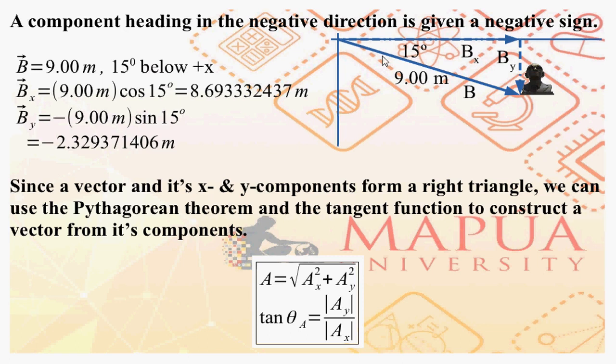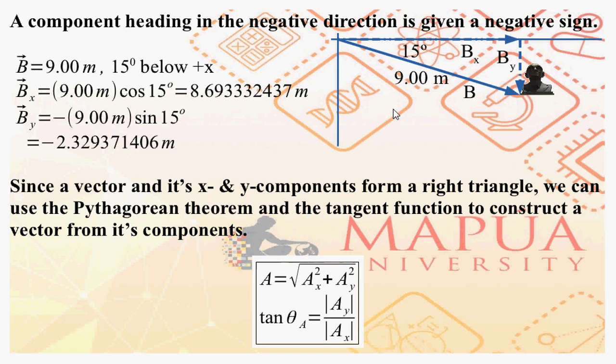Taking into account the orientation and direction of vector B, we see that bx, the x component, is in the positive x direction, whereas by, the y component, is in the negative y direction.